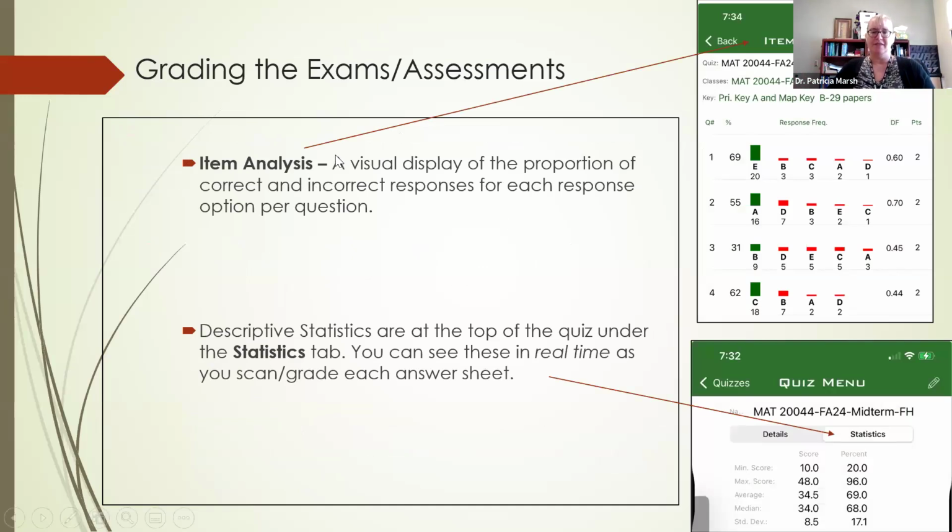It does the item analysis. The nice thing I like about the app is it does it in color form. This is also on the computer, but the computer is all numbers, and I like the visual. So this way I can see for question number 1, 69% of the students answered it correctly. Answer E was the correct one. I see it in green.